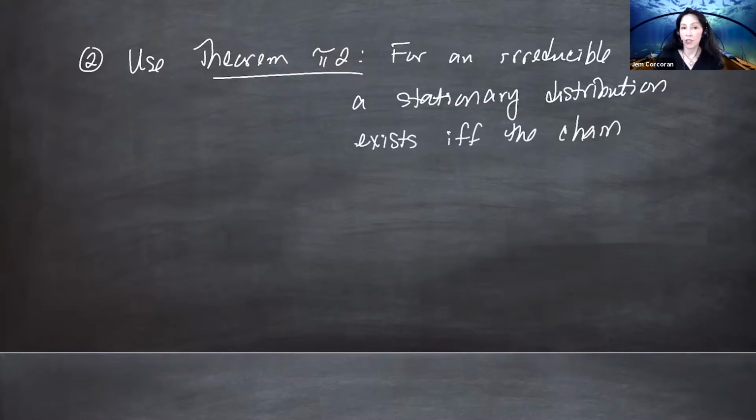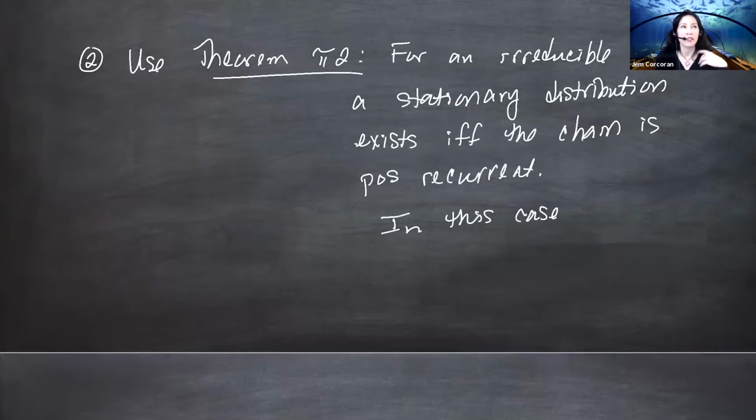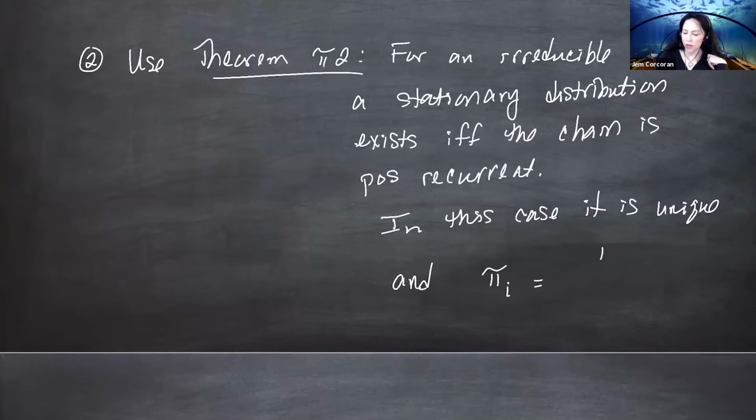And in this case, it is unique and given by 1 over the expected time to return to a state I, starting from state I. So pi I is 1 over the expected time starting from I to first return to state I.